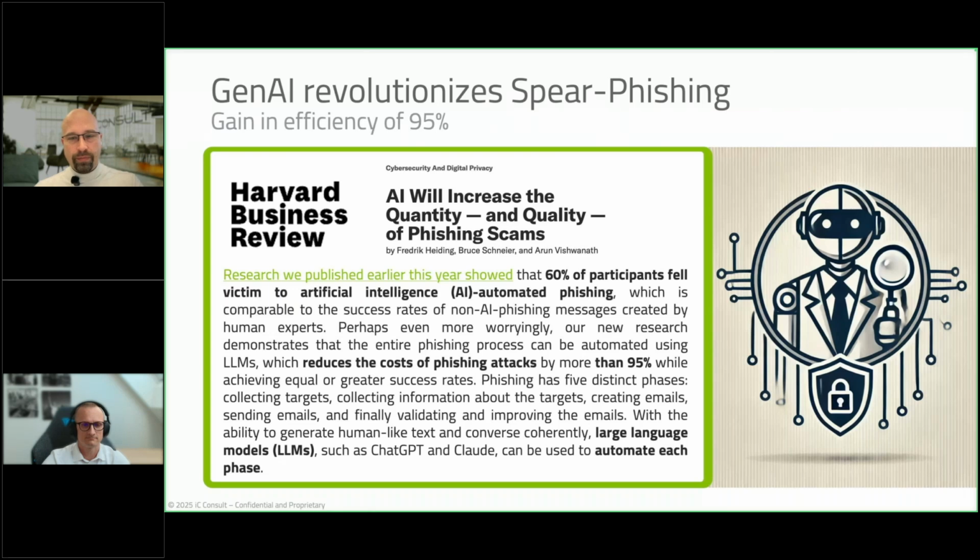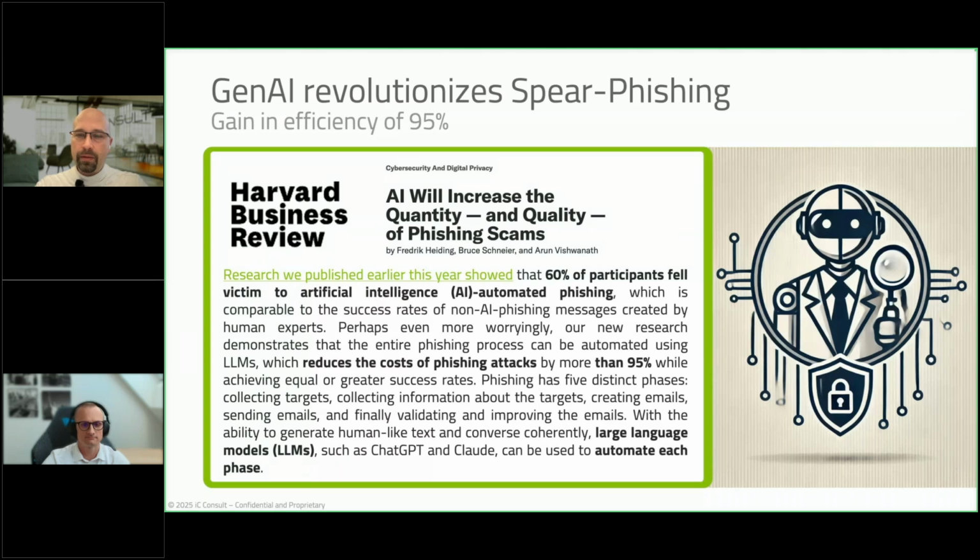The likelihood that the victim is clicking a link, entering credentials, downloading malicious software is very high. We are talking here about around 60%. That's 60% of the users following these activities.